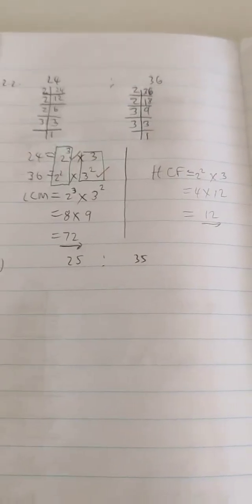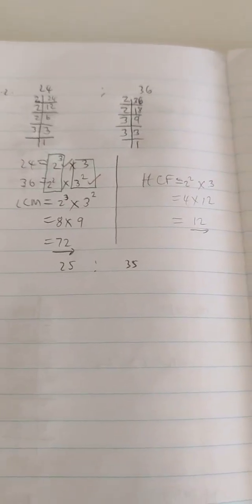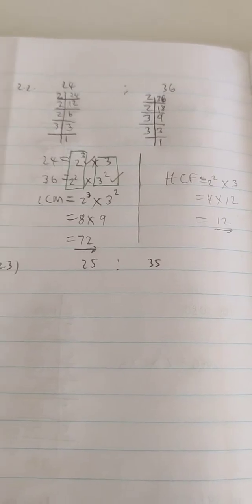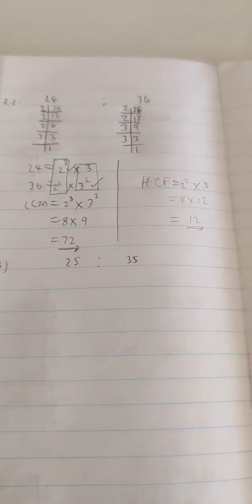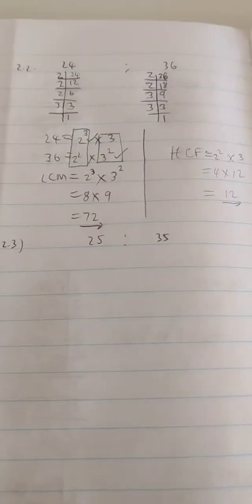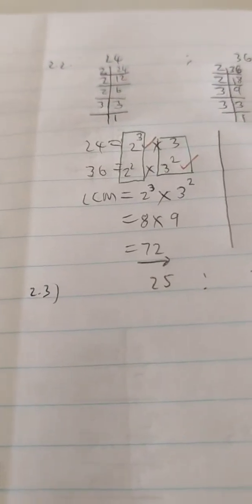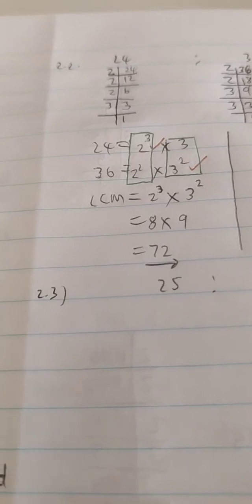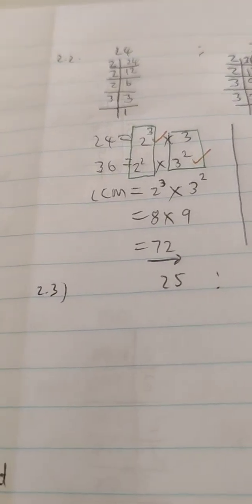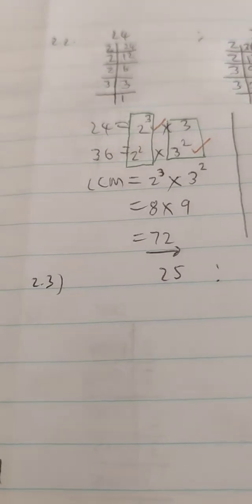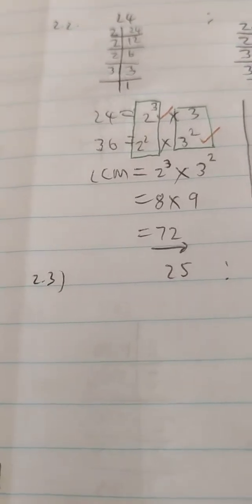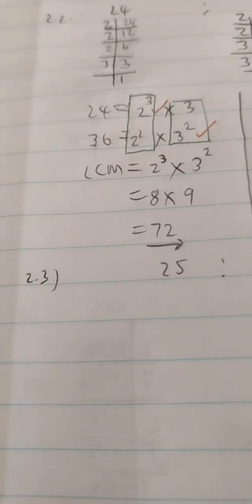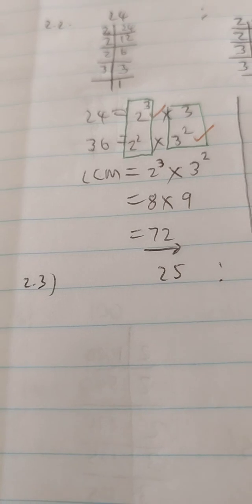Guys, I hope this is not confusing. All right. So for LCM, please listen to me, we can choose from the common base. But we also choose from the leftovers that are not the common base.